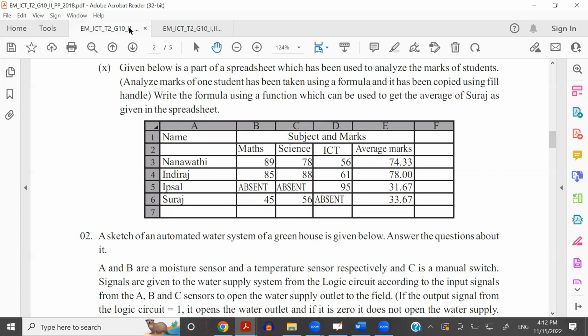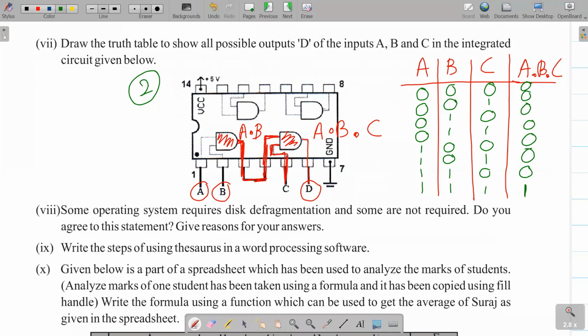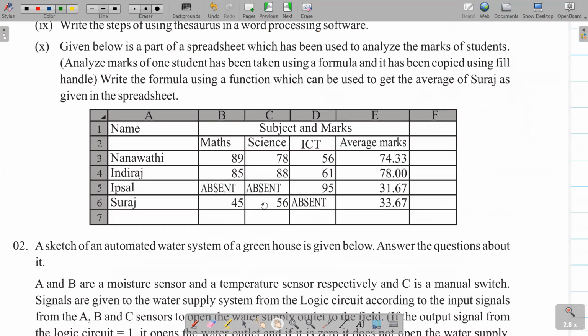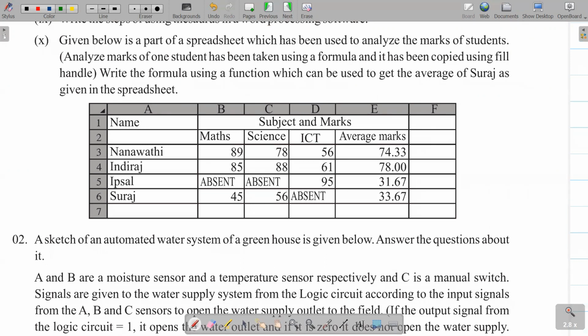You should be able to write the formula. It's not good that they have asked for a function. Yes, I'll tell you why it is not good to ask for the function, right? Because they are asking about the average of Suraj, and Suraj is having an absent point as well.